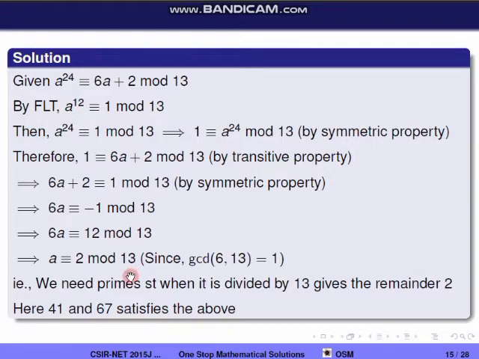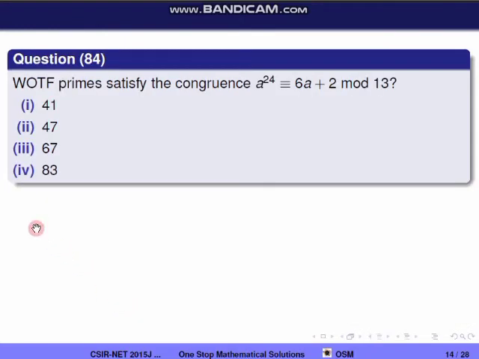So we need primes such that when divided by 13, we get a remainder 2. So here only the options 41 and 67 are satisfying. So now we'll check the correct option. So the correct option is 1 and 3.